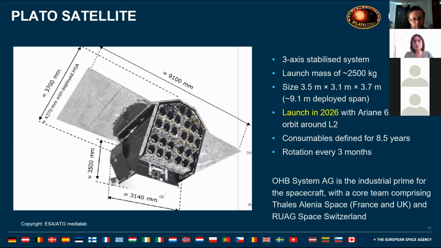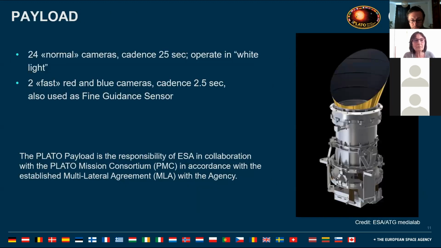Well, the prime industrial contractor for the PLATO satellite is OHB System AG, and it works with a core team comprising Thales Alenia Space and Ruhr Space Switzerland. The payload consists of 24 normal cameras. The cadence is 25 seconds, and these cameras operate in white light. Then we have 2 additional cameras that have filters.